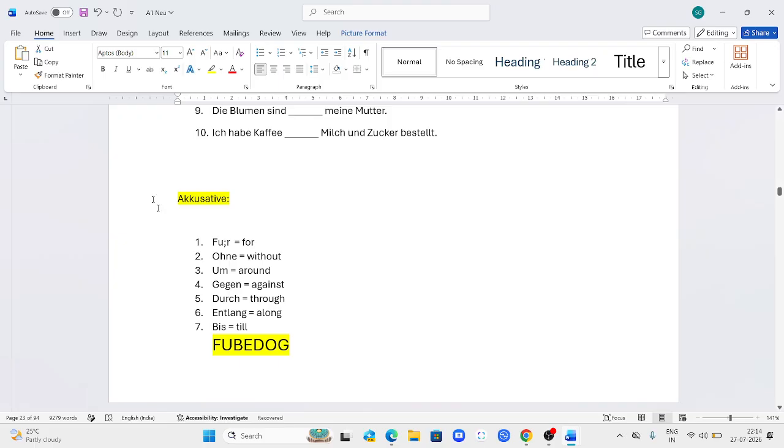Here is the list: FUBEDOG. F for für, U for um, B for bis, E for entlang, D for durch, O for ohne, G for gegen.